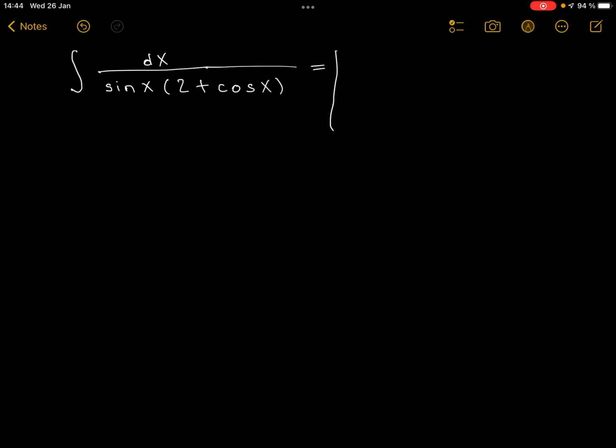So we're going to use another kind of sub, namely 2 plus cosine x is equal to t, and therefore minus sine x dx is equal to dt, or in other words, dx is equal to dt over negative sine x.